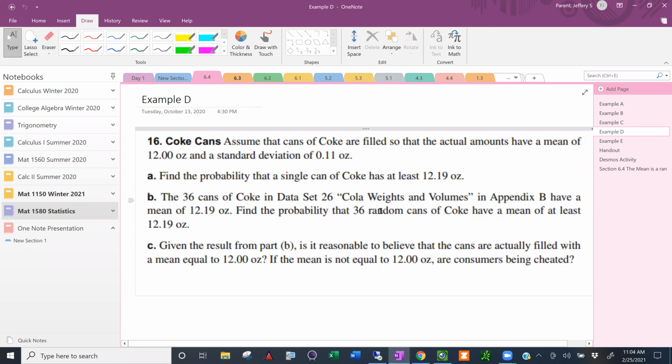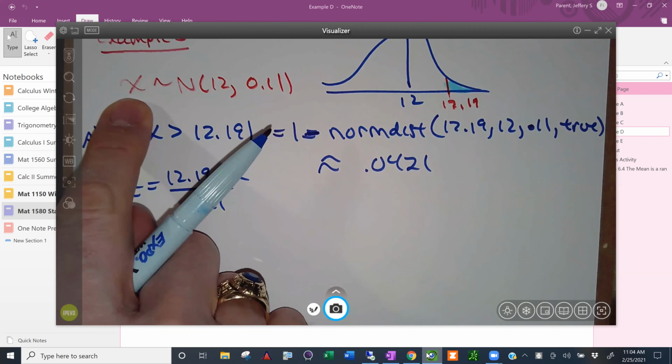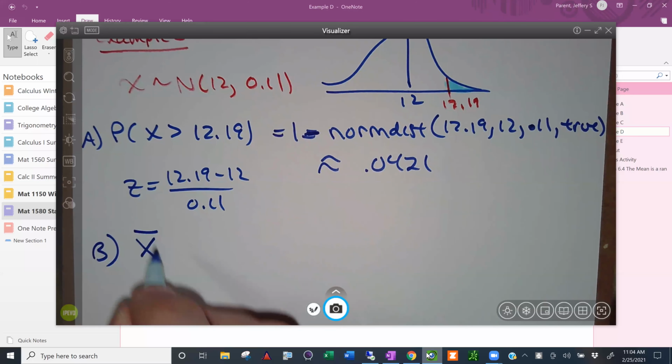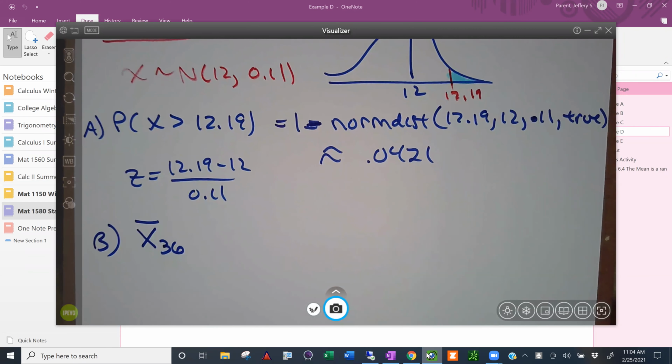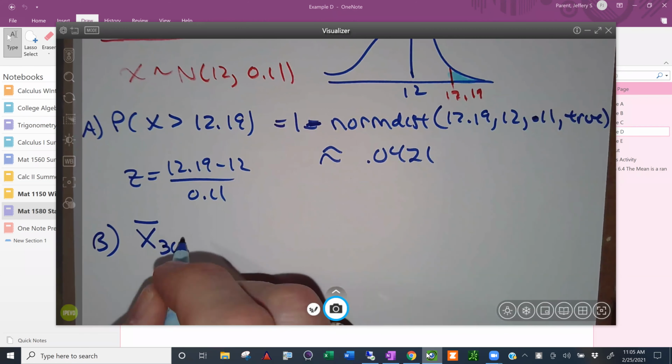Find the probability that 36 cans of Coke have a mean of at least 12.19 ounces. So what's different is that you're no longer talking about the mean and standard deviation of this. We've got an entirely brand new random variable. So I'm going to call it X bar sub 36. So it's the mean of a sample of size 36.